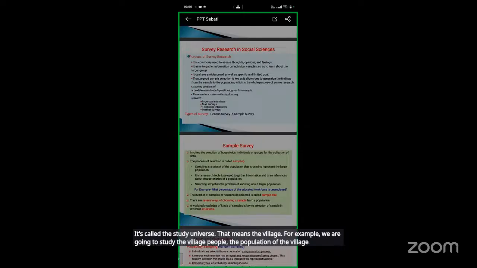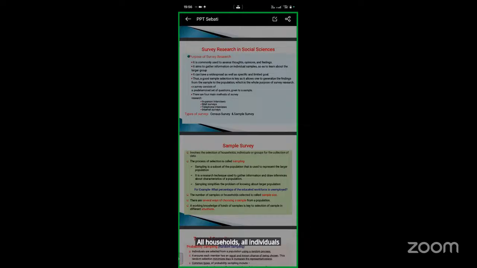That means the village is the study universe, the field of study where we are supposed to study the population. So when some portion is selected, we are not going to include all households, all individuals in our sample.